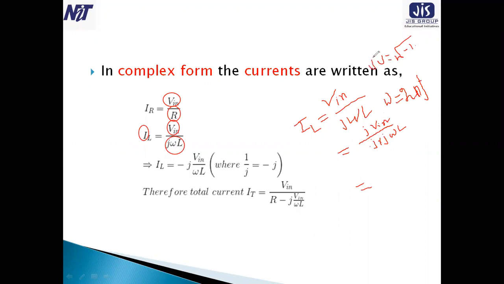J into J means root over minus 1 into root over minus 1, that is equal to minus 1, because the square and root will vanish. So it will be minus J V in divided by omega L. That is written here: IL equals minus J V in by omega L, where 1 by J equals minus J.